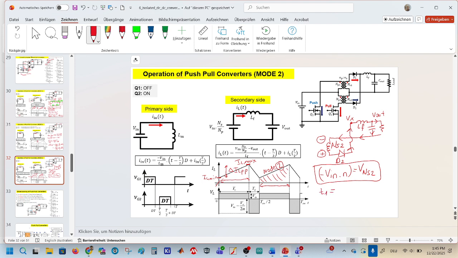I would say T1 should equal the second mode of the operation, T2. This is T1, this is small T2.